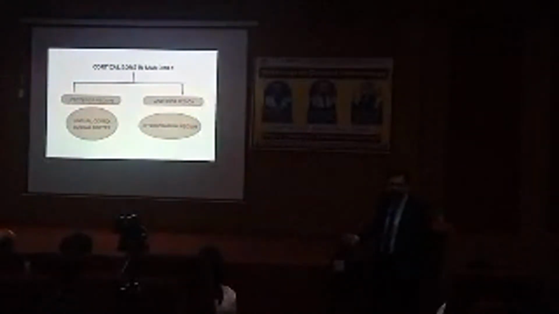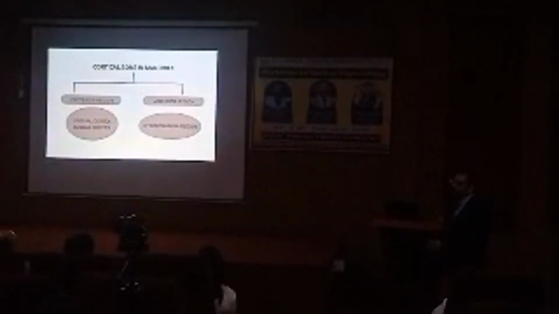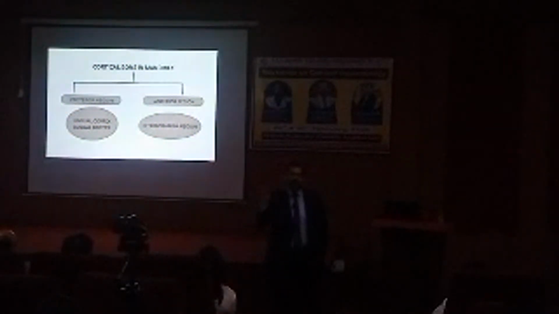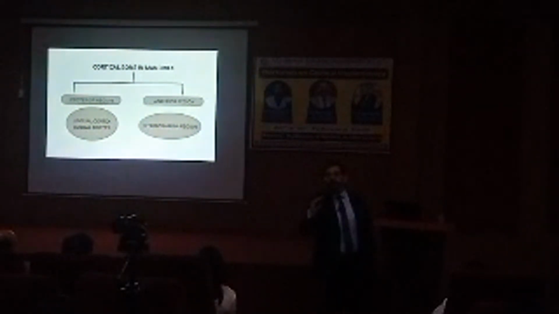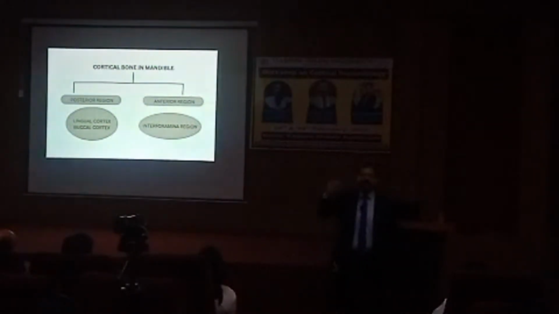That is your external oblique ridge. तो जब हम external oblique ridge को engage करते हैं, that is called as buccal cortex, buccal cortical implant. और जब हम mylohyoid को engage करते हैं, that is called as lingual cortical or the lingual cortex में engage करते हैं. So posterior to mental foramen, we are engaging buccal cortical or lingual cortical, but we have to keep everything in our mind for complication and the precautions are also a thorough class.